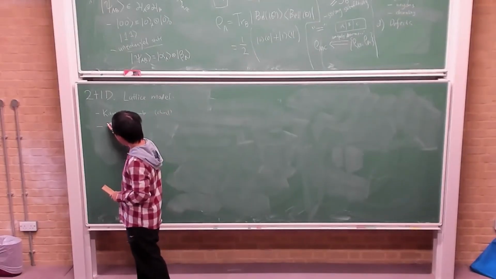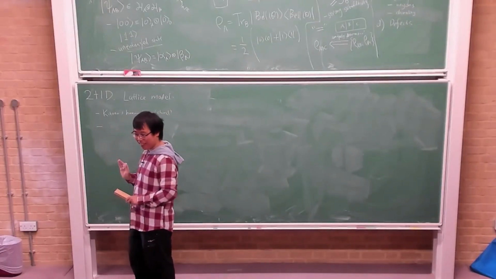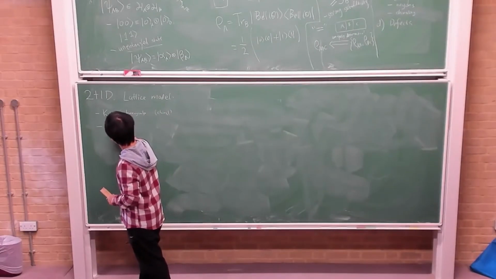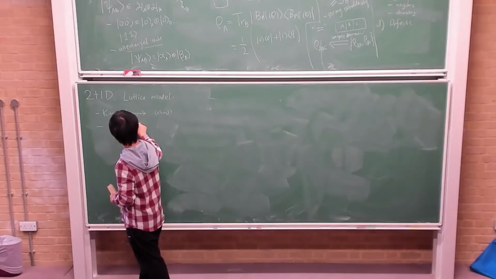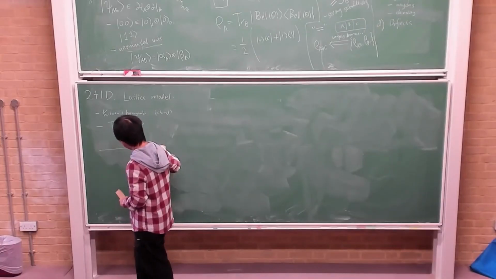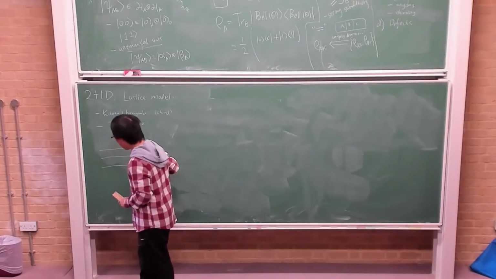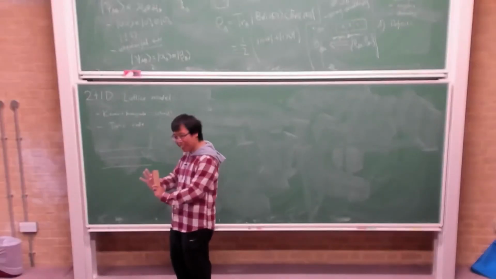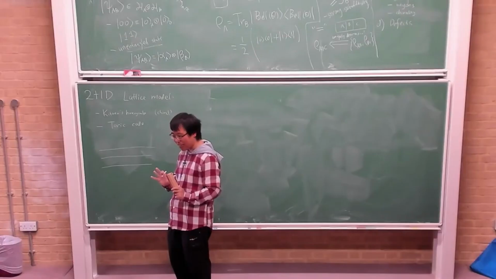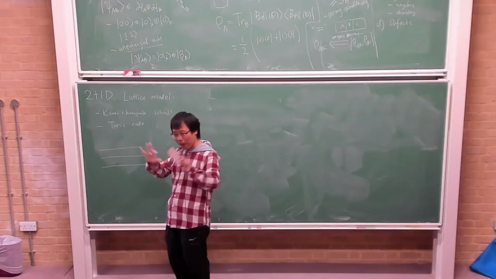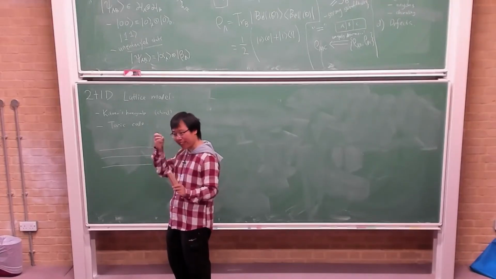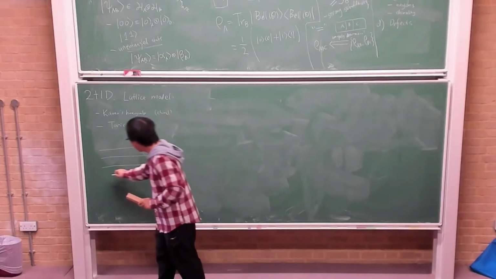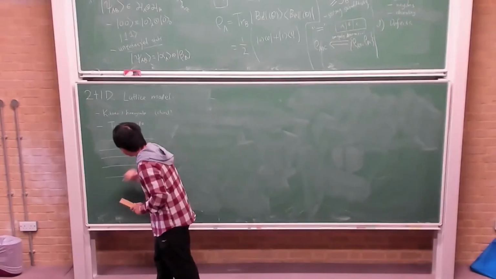But let me go to another model by Kitaev, which is easier, the toric code. That one is exactly solvable. But my goal is not to tell you every detail about Kitaev's toric code. I just want to give a setup, an example of a state that satisfies some broadly applicable assumptions at the intermediate length scale.